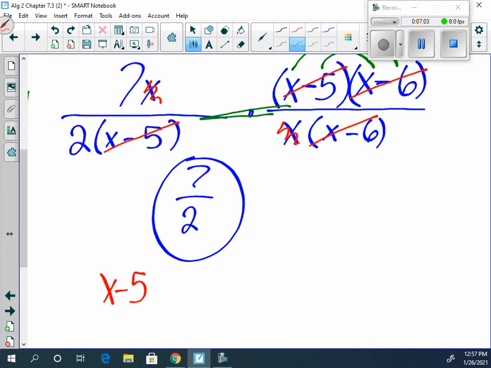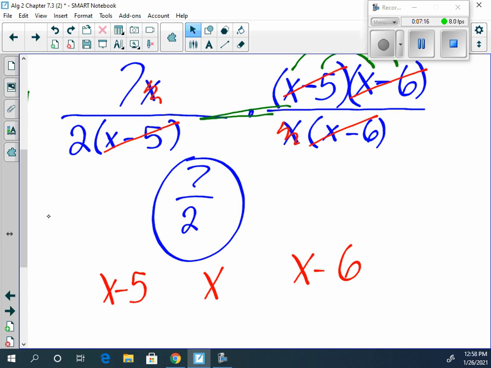The other fraction we would have x and x minus 6, yes? Are those the only places we need to look for zeros? I mean, those are definitely the places that will cause us to divide by 0, correct?